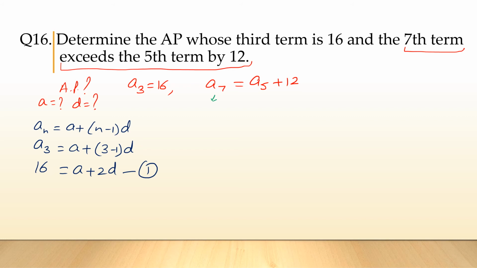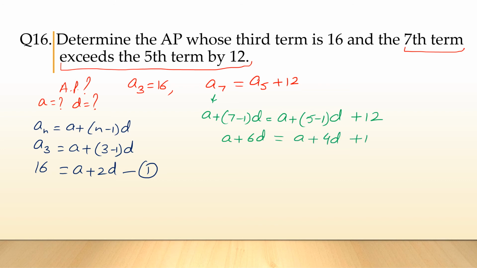A7 can be written, using the formula for nth term, a plus (n minus 1)d. Similarly, for the fifth term we can write a plus (5 minus 1)d and this plus 12 as it is, right? So we have a plus 6d equal to a plus 4d plus 12.